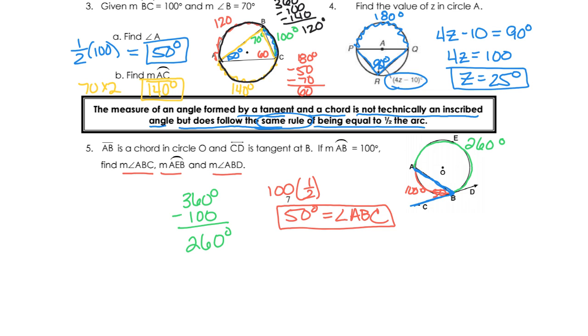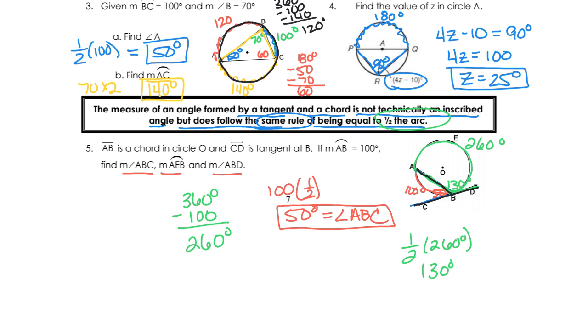And then we have 2 ways to get our other angle. Since this vertex is on the edge of the circle, one side is a tangent, one side is a chord, we can follow that same rule and say, well, half the arc, half of 260 is 130. And this angle can be 130. Or you guys can see that the 130 and the 50 form a linear pair here.